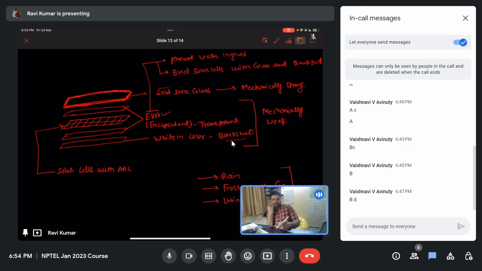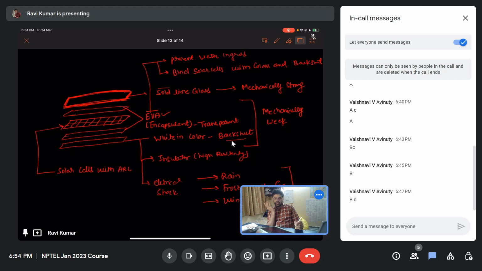And other than that, we have backseat. It is an insulator with high resistivity, because if we have a series, or so many modules in a string, then it can give an electrical shock to the person if anybody touches the solar module.